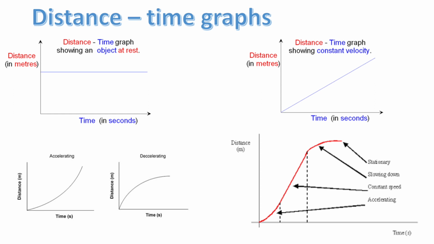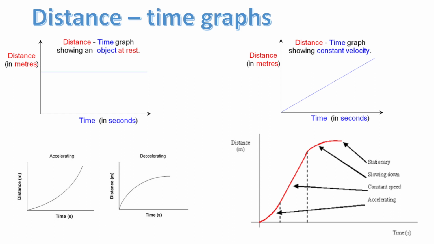So it's a straight line parallel to the x-axis. Now coming to the second graph, the top right corner, another distance time graph, with distance along the y-axis and time along the x-axis. It shows constant velocity. The object is already in motion, but the velocity is uniform.